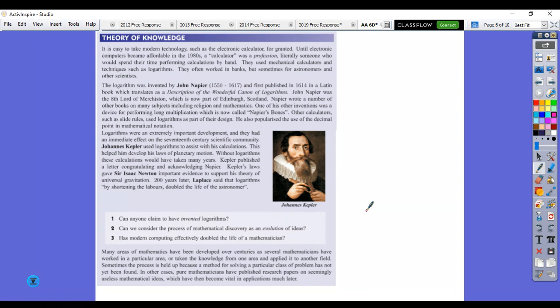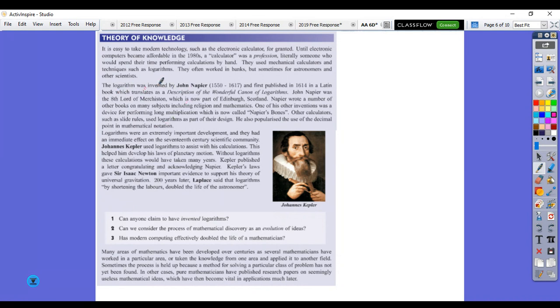Yep. I think it's probably going to be helpful for you guys when you come across your theory of knowledge, and it will help your theory of knowledge class later to have kind of an exposure in all of your classes. A lot of times with math, we talk about, is it invented or discovered?